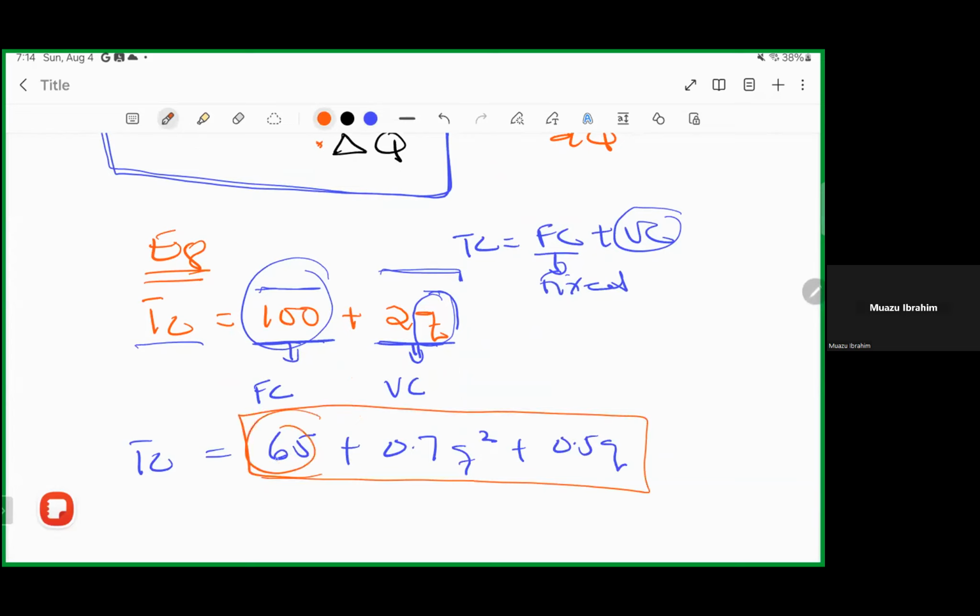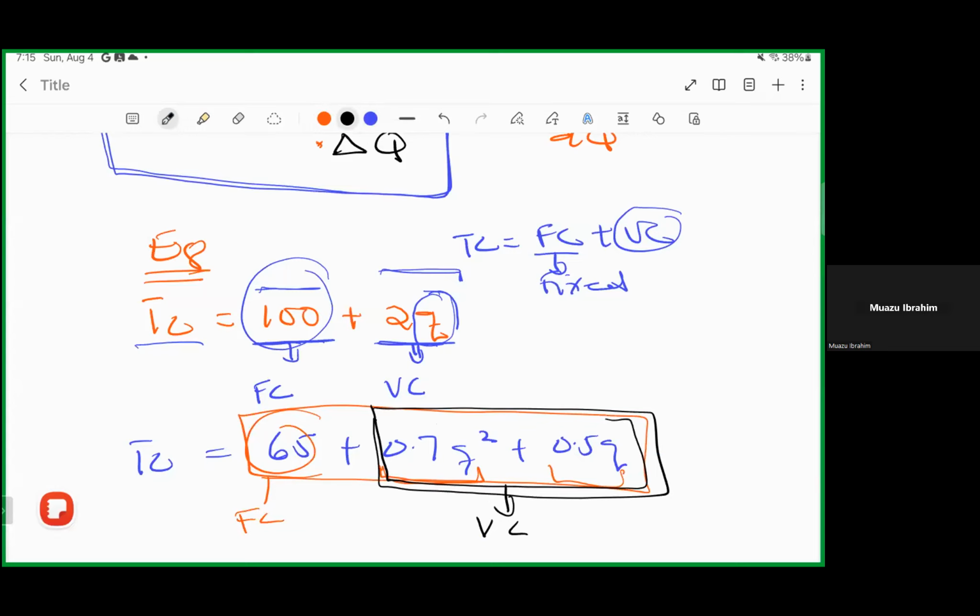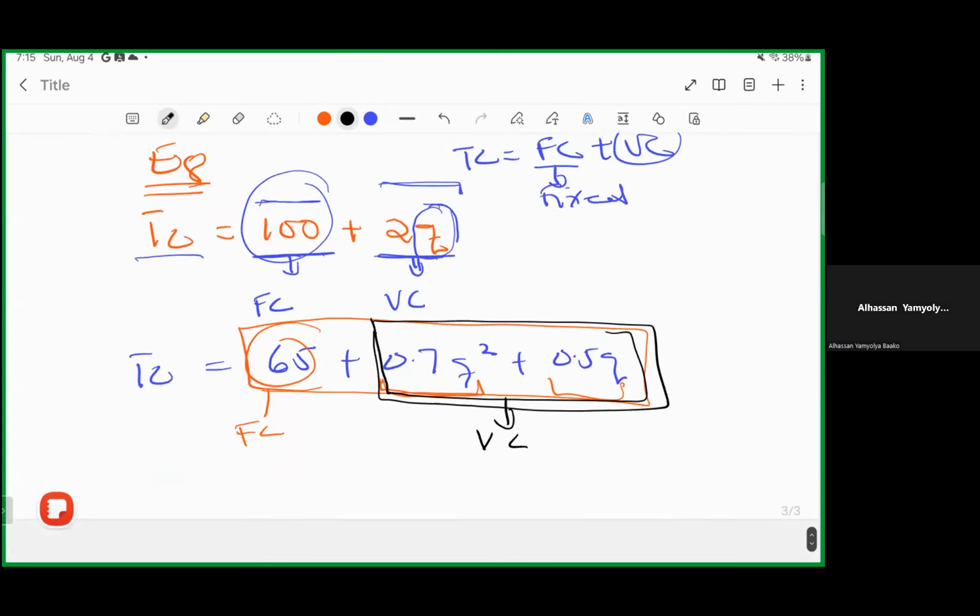Fixed cost will be the 65. And which one will be the variable cost? Here there is Q, and here there is also Q, so our total variable cost will be this particular side. Are you getting it? Okay.